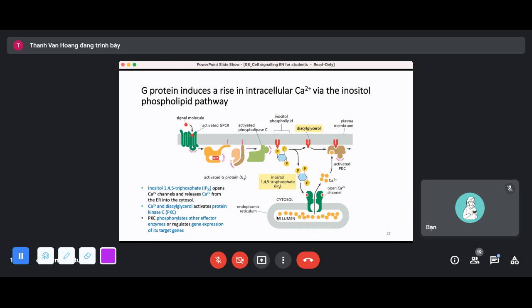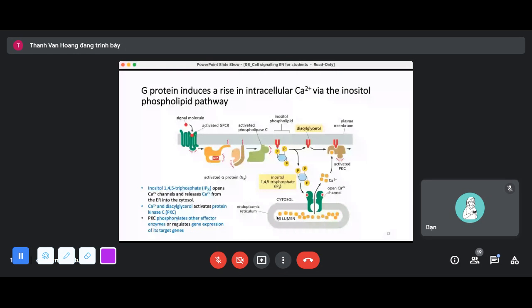Calcium is concentrated in the ER, but in the cytoplasm the calcium concentration is very, very low. It's because they have active pumps that can pump the calcium from the cytoplasm into the ER. Okay, thank you.